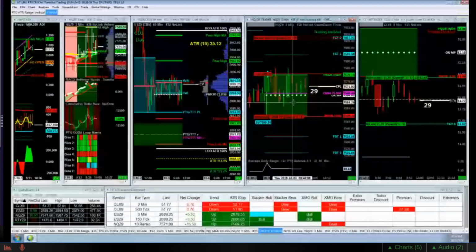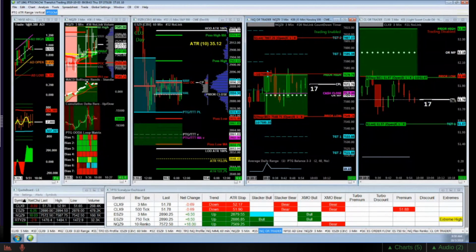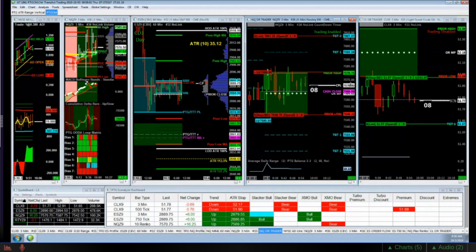By the way, one of our members has been tracking the opening range for 2.5 years now. 2.5 years of data, and I'm just going to say this verbally because it's his data. We're up 50 R.